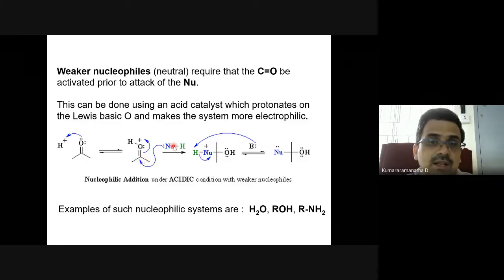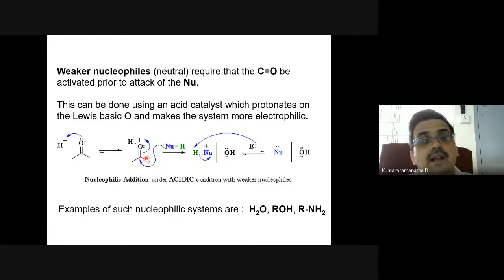Then the nucleophile's lone pair of electrons, where it is not charged, will start interacting with this carbon, which is slightly positive in nature, and you get this intermediate. Upon working up and adding, for example, Lewis acids, you end up getting the corresponding conversion, for example alcohols. So this happens especially in acidic conditions when you have a weaker nucleophile.